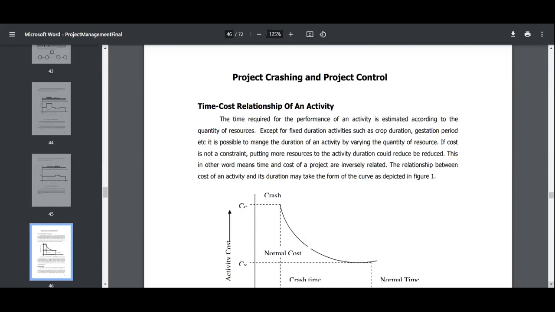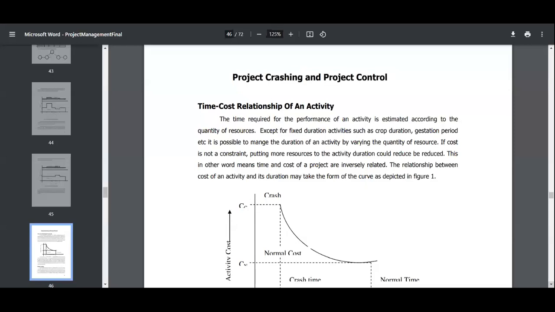So the time cost relationship of an activity means the time required for the performance of an activity is estimated according to the quantity of resources, right? The quantity of resources depends on the planning: material resources, manpower, everything takes time, and they start their work and finish on that particular time.